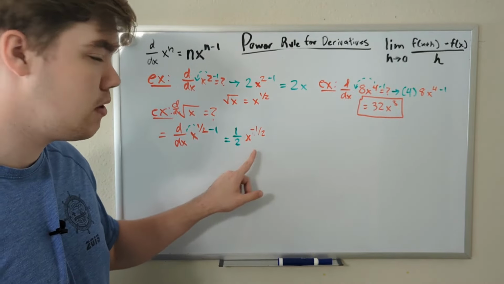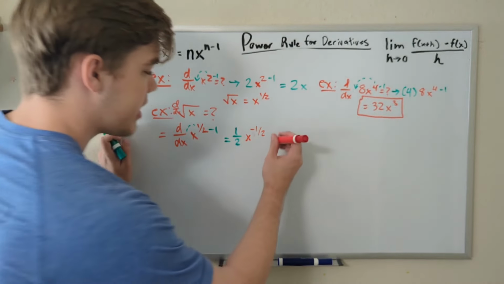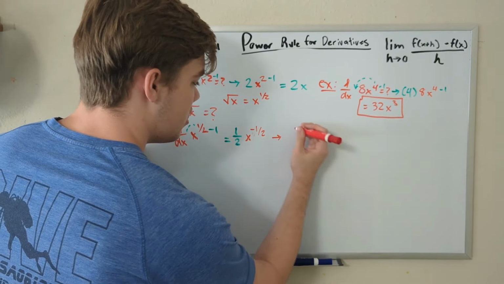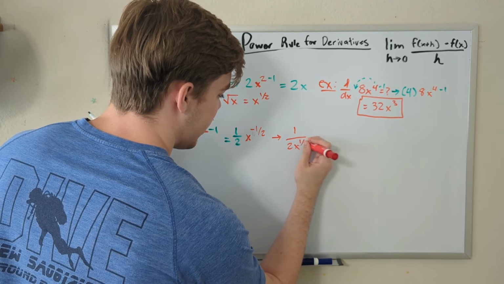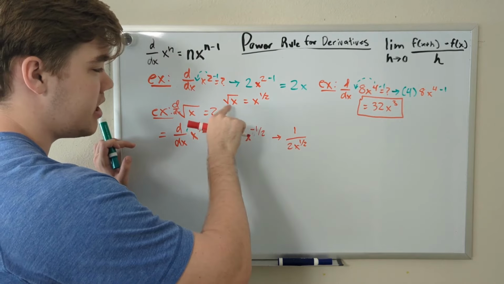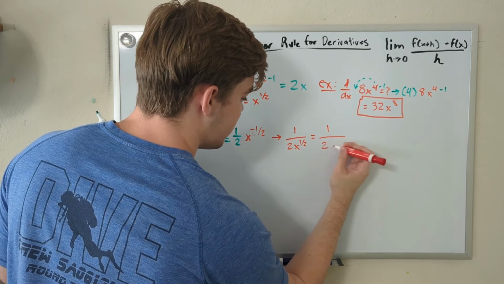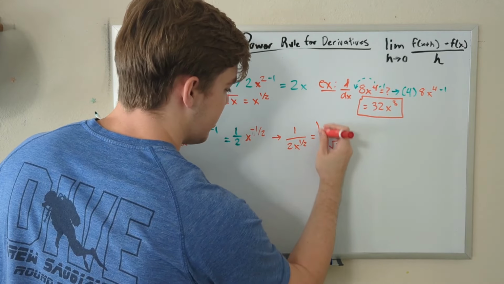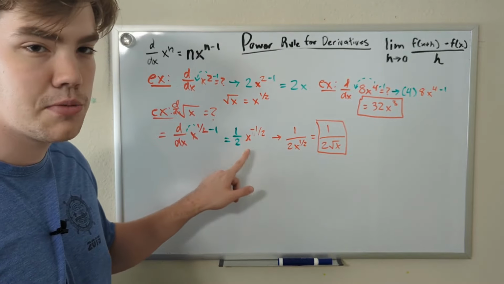A negative power will put whatever function you're raising it to in the denominator. So this function can be simplified down into 1 divided by 2x to the 1/2 power. And since the 1/2 power is the same as the square root of x, I just think it looks nicer if we write 1 divided by 2 square root of x. So this is your most simplified answer, but most teachers will still accept this.